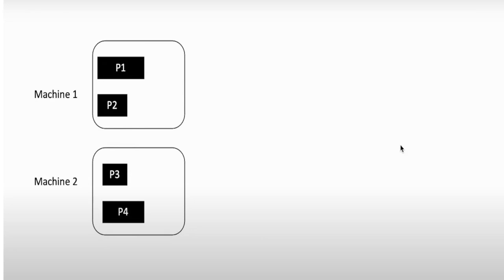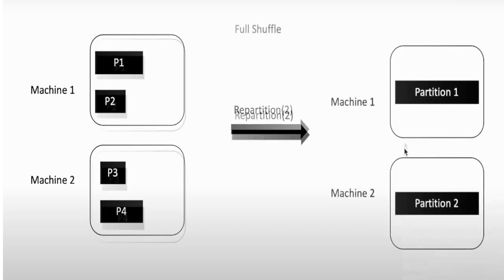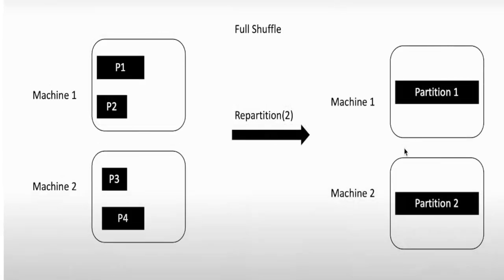Let's say we have a data frame on the input side where we have used two machines, machine 1 and machine 2. Machine 1 has two partitions, P1 and P2. Machine 2 has another two partitions, P3 and P4. For some reason, if you want to do repartition of 2 on top of the input data frame, then on the output side it will try to create two partitions out of these four partitions.